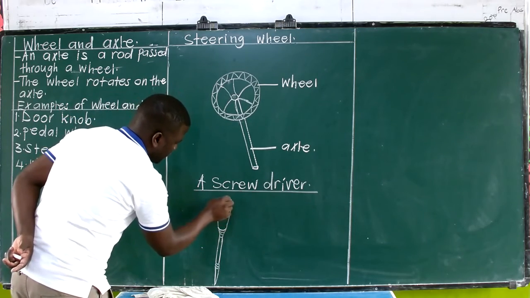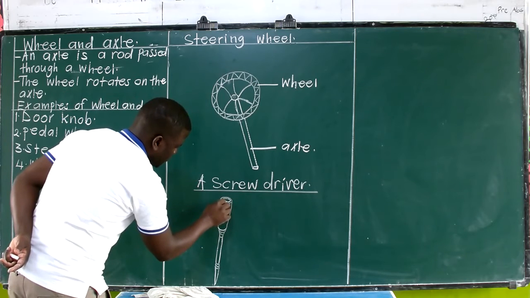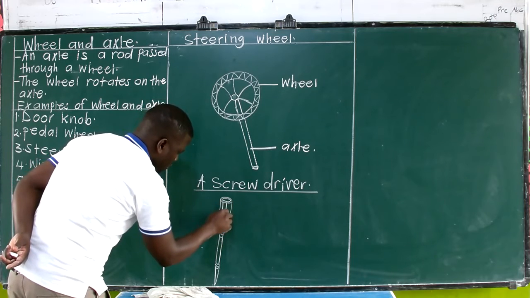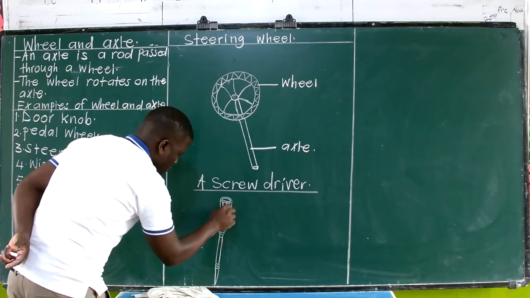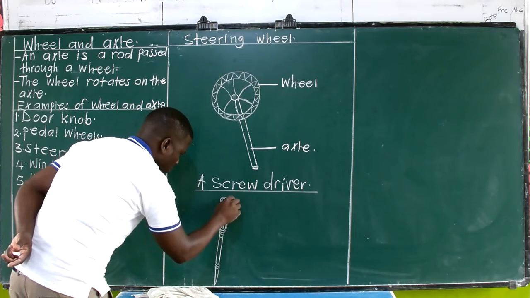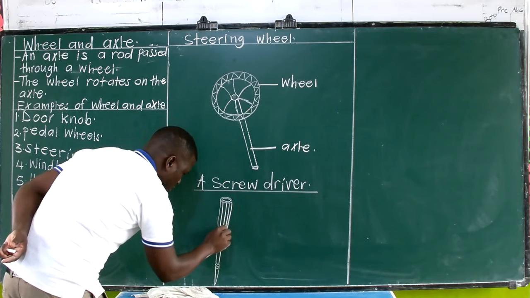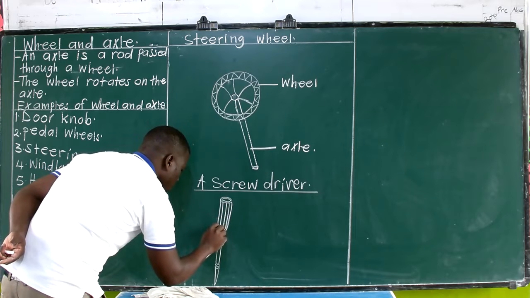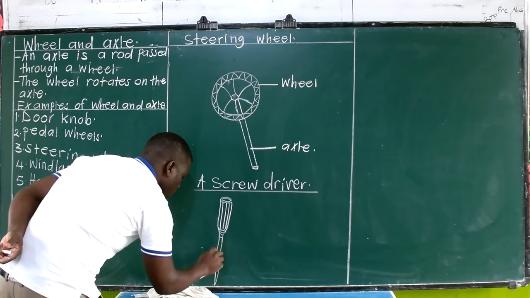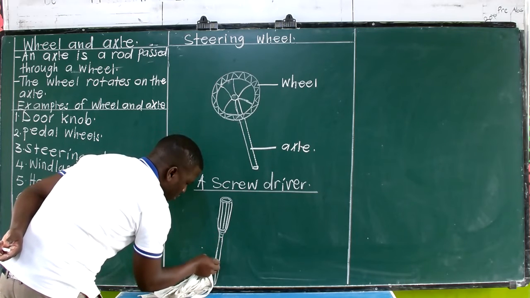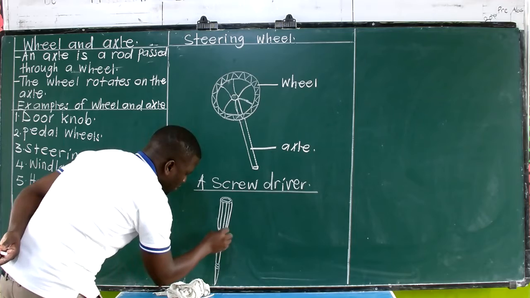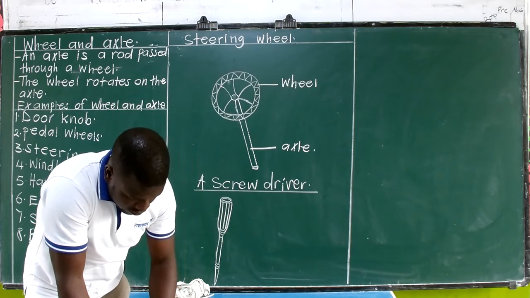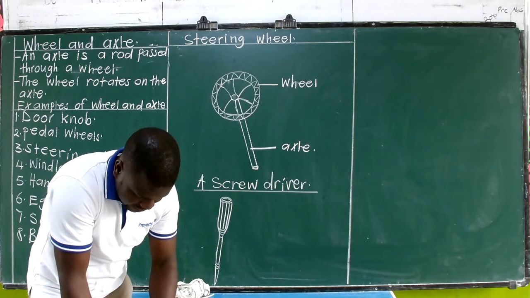A screwdriver is an example of a wheel and axle.